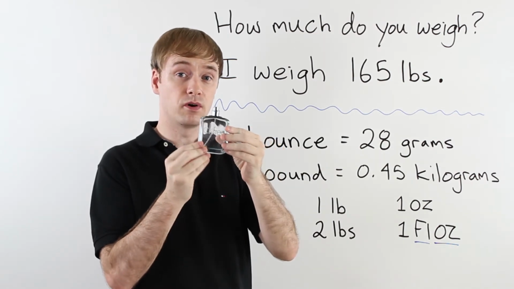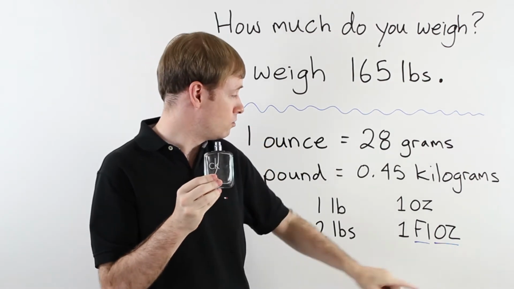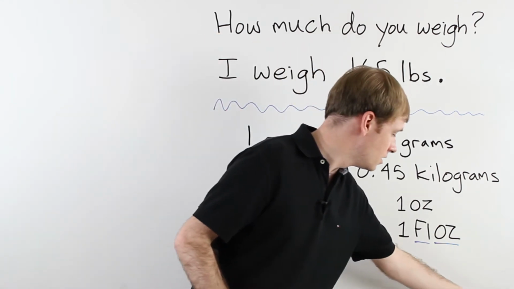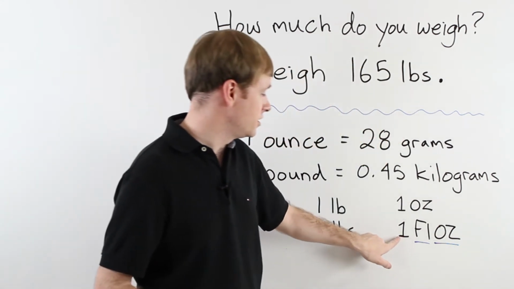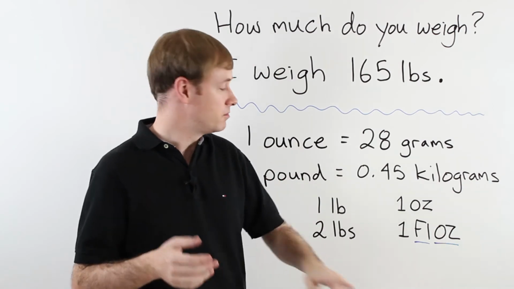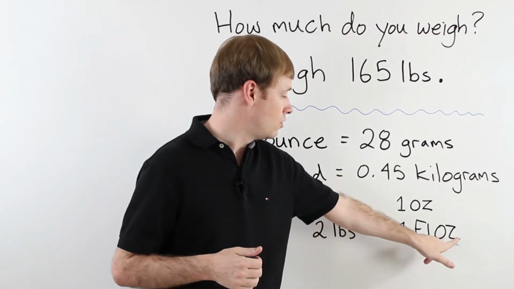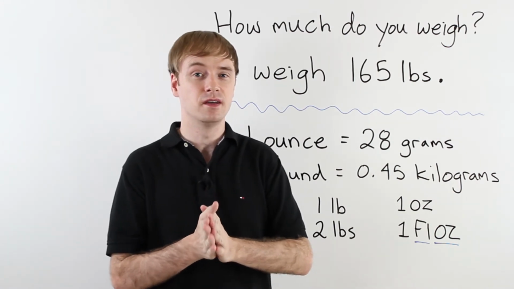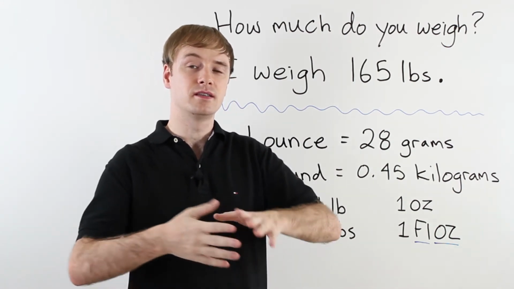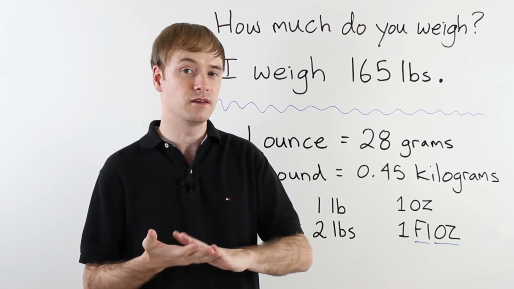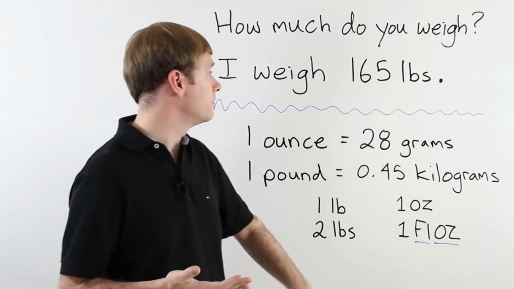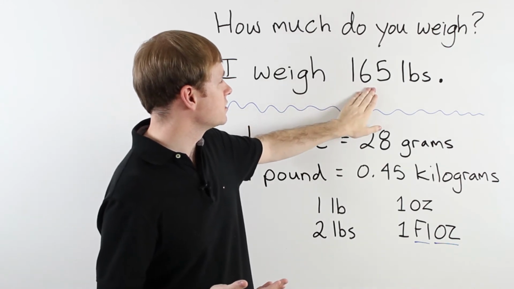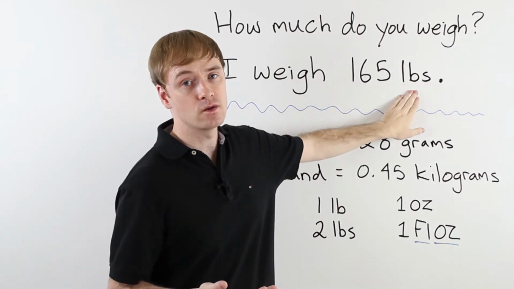If you check your perfume or cologne at home, I'm sure you're going to see this. You're not going to see the 1. It's going to be a bigger number, but you're going to see the FL OZ. All right, so that's the imperial system. It's an older system. It's a little more complicated and confusing. All right, but my weight in the imperial system is 165 pounds.